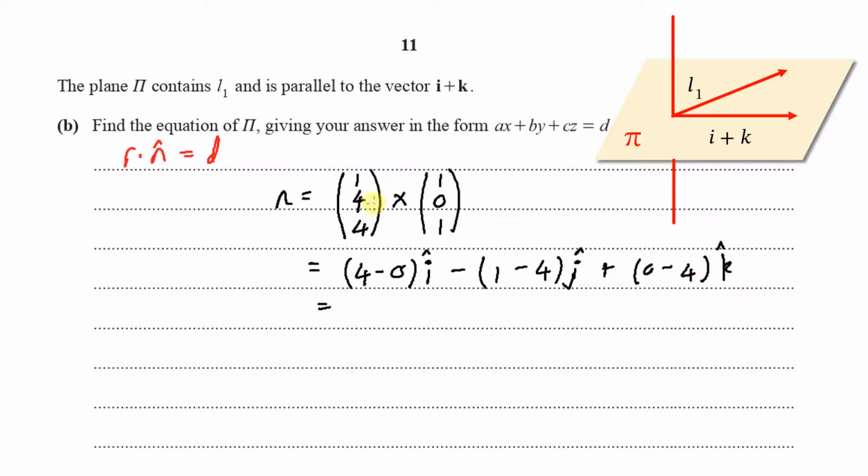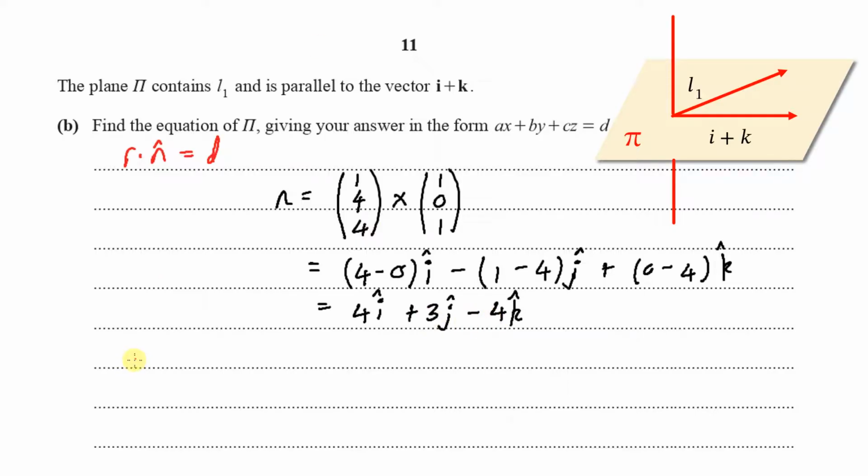So we get the normal as 4i plus 3j minus 4k. So we now have the normal to the plane.